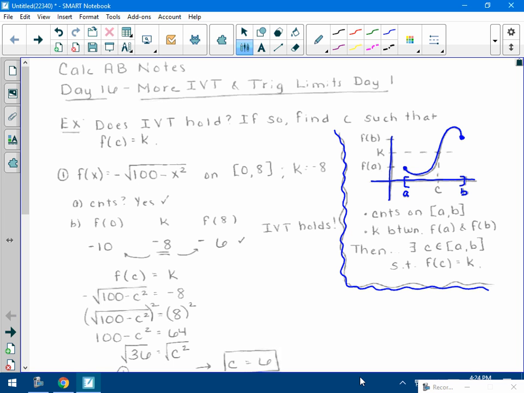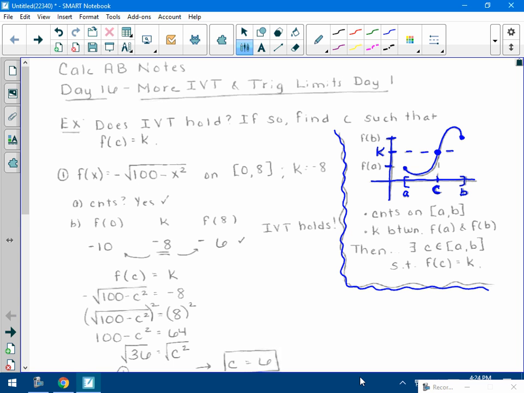K has to be some value between those endpoints. So f of a, f of b, k is some value in the middle there. If that's all true, then there has to be some x value that we're calling c between a and b, such that the function evaluated at that point equals that k value.